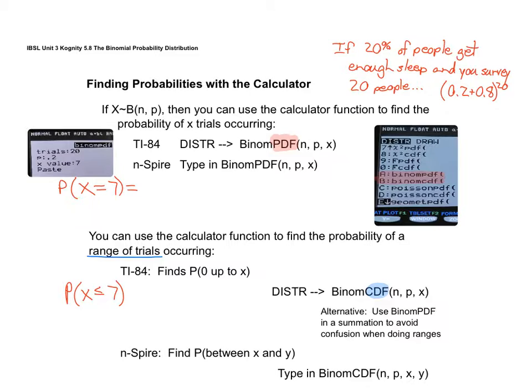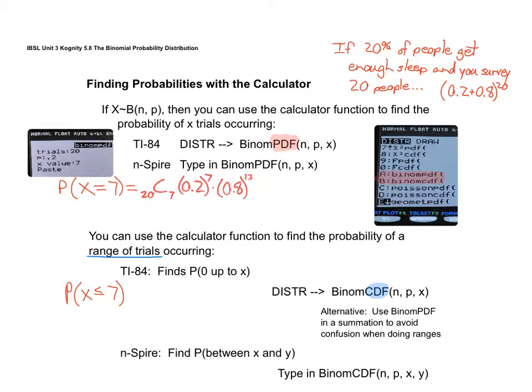According to the binomial theorem, the probability of getting exactly 7 is going to be 20 choose 7 times 0.2 to the 7th, because we want 7 of the people who do get enough sleep, times 0.8 to the what power? 13th power.